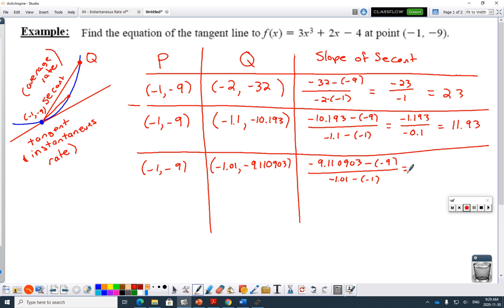Equals. I get negative 0.110903 over 0.01, which is negative 11.0903.